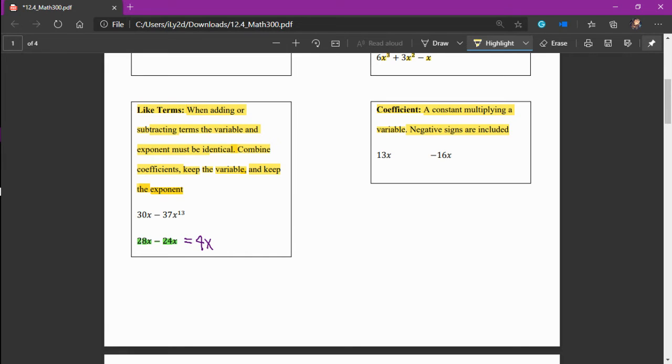So if you look on the left-hand side, our coefficient would be 13, because 13 is multiplying that x. So the coefficient of x is 13. Okay, if you look at negative 16x, what is that coefficient? Yes, it's not just 16, it's negative 16. That is the coefficient of that term. Okay, y'all.